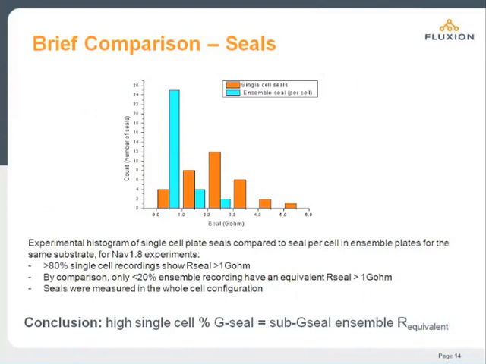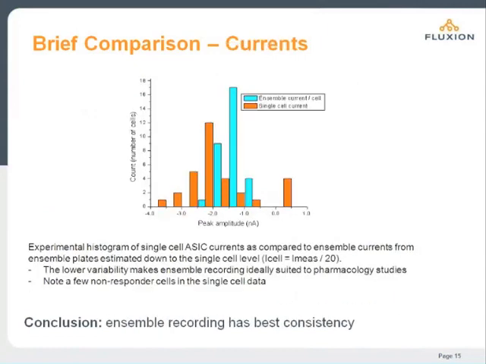Now if we turn for a moment to look at the measured currents, shown here for illustration are currents from a different cell type. In this case it is an ASIC cell line, showing a frequency histogram of current amplitude for single cell experiments compared to the ensemble, single cell equivalent current.